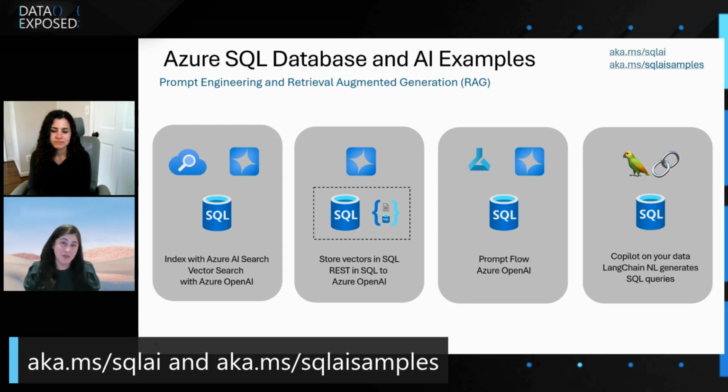We have an sp_invoke_external_rest_endpoint stored procedure that you can call directly from Azure SQL database and access any external REST endpoint. So in this case, you can call Azure OpenAI to do embeddings or anything that you want to do from that model perspective. And then we have some great examples with prompt flow and Copilot as well. So there's a lot coming in this space. Let's see this in action.